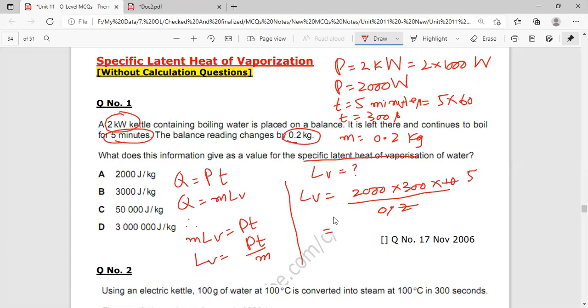So it will be option D. There are two conversions in this MCQ. You have to convert kilowatts into watts and minutes into seconds.